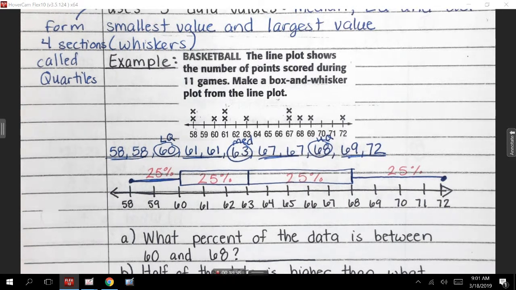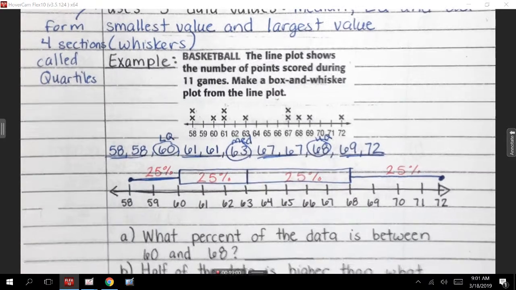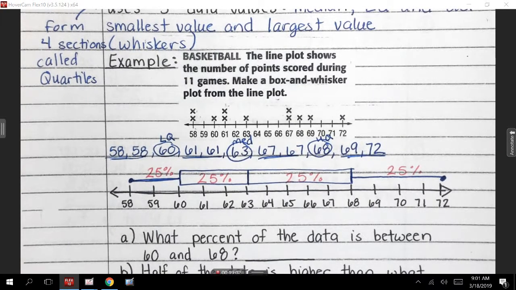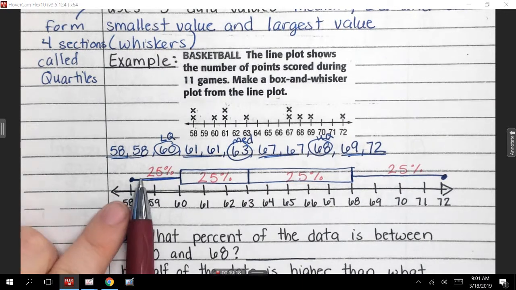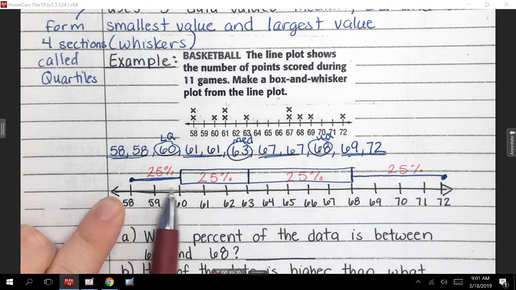Huh? They're all equal. They all have the same amount of numbers. But you see how some of them have more space? If it has more space, they can be spread out. The closer together it is, the closer my numbers have to be together. So which of these sections are my numbers going to be the closest together? McKenna? The first quartile, because how much space do they have to spread out?